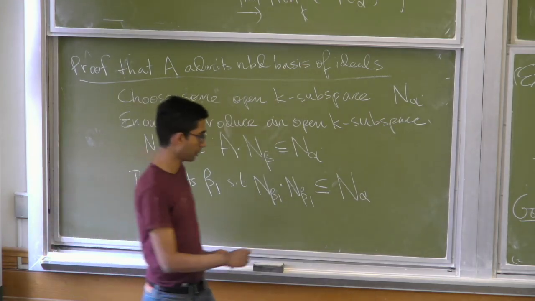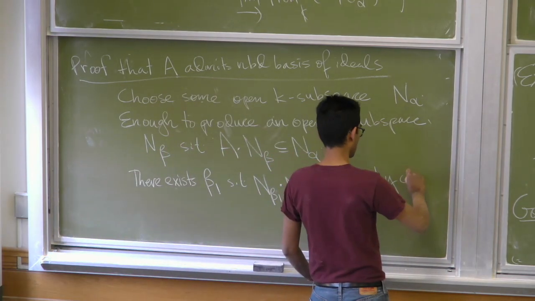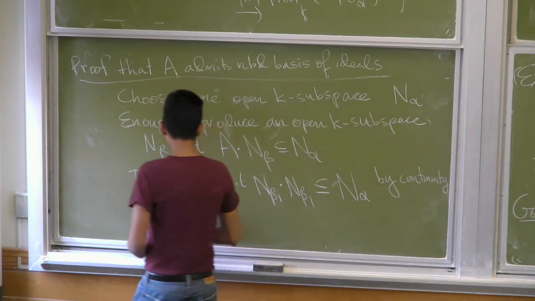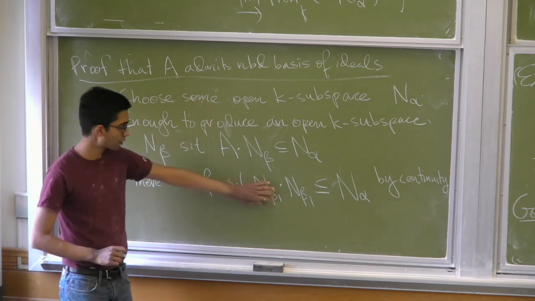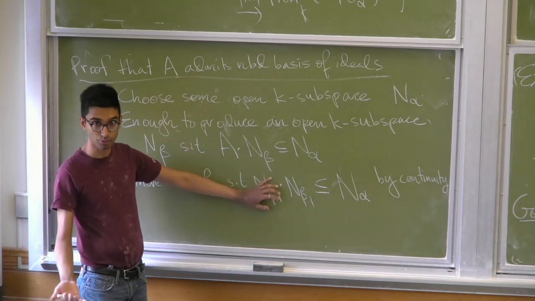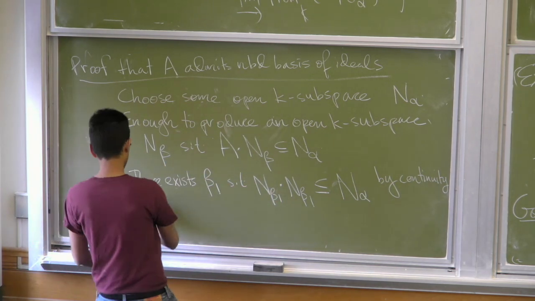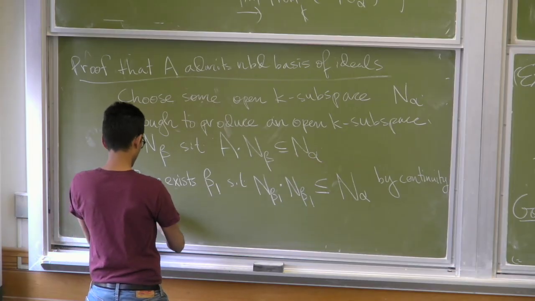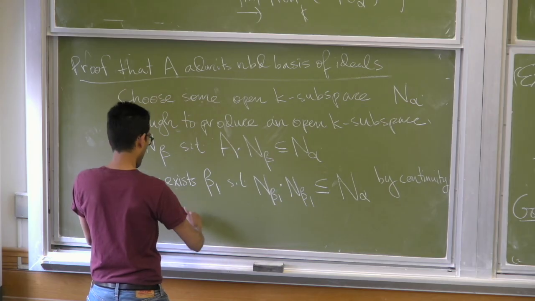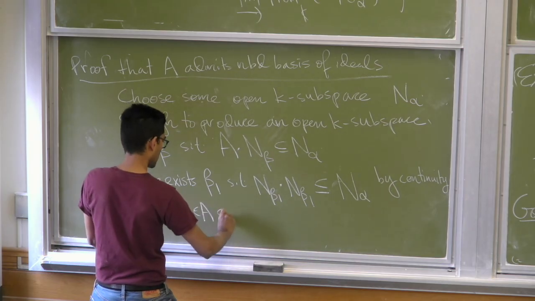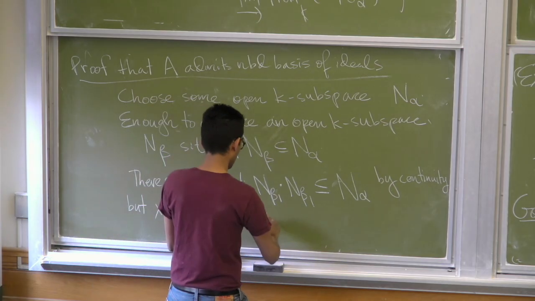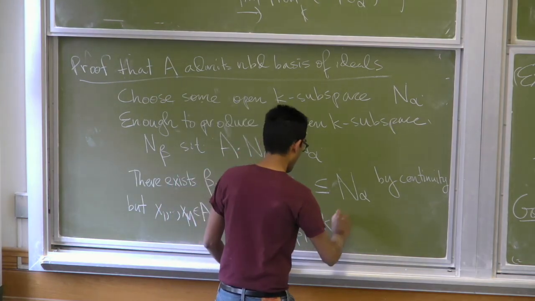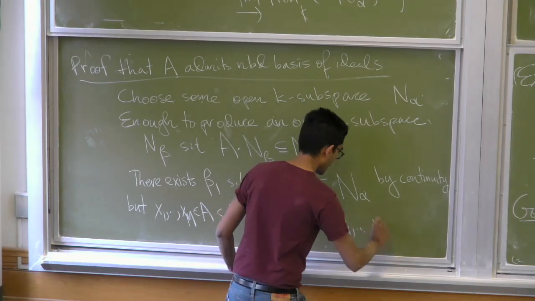That's by continuity of multiplication. But we also know that N sub beta 1 is an open neighborhood, so it has finite codimension. So there exist x1 through x sub m in A such that A is equal to N sub beta 1 plus the span of x1 through x sub m.